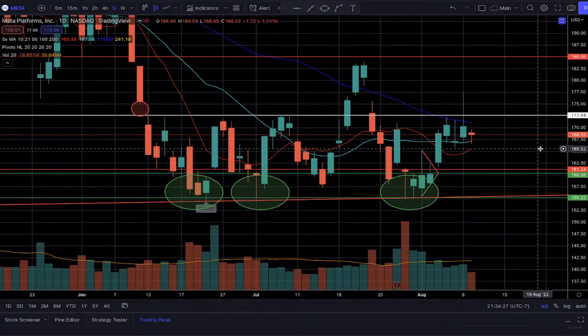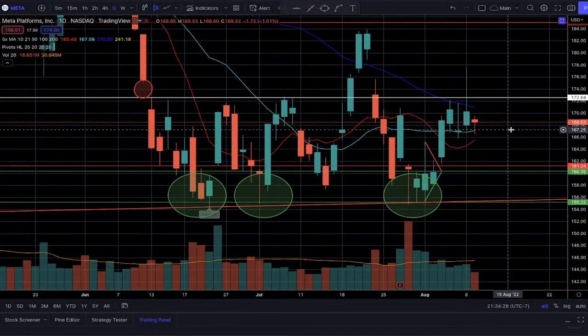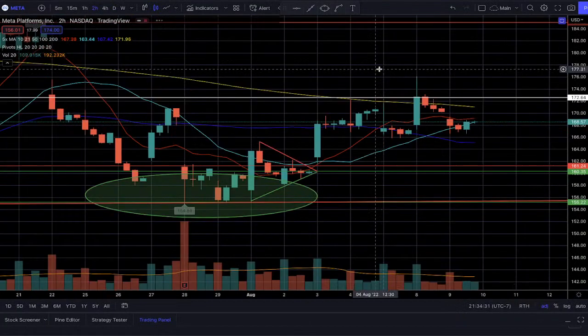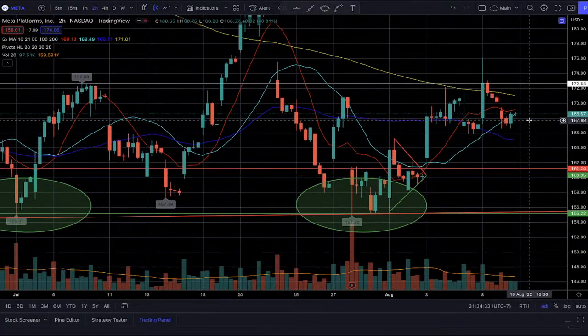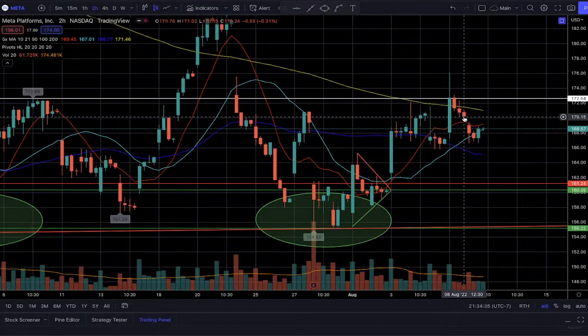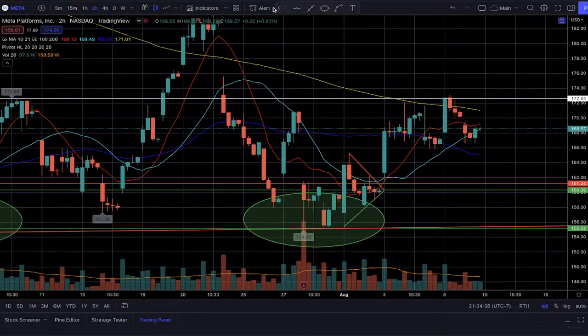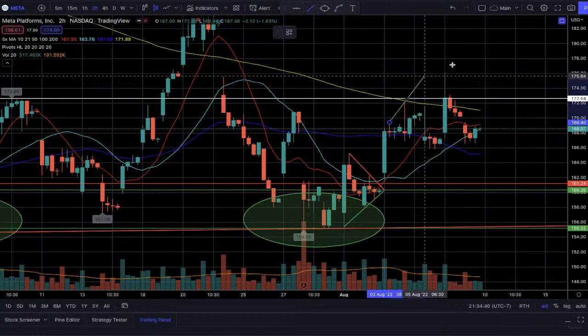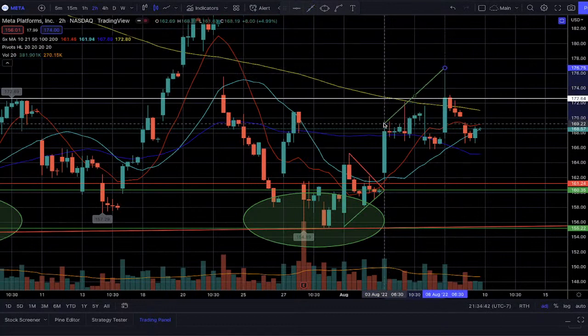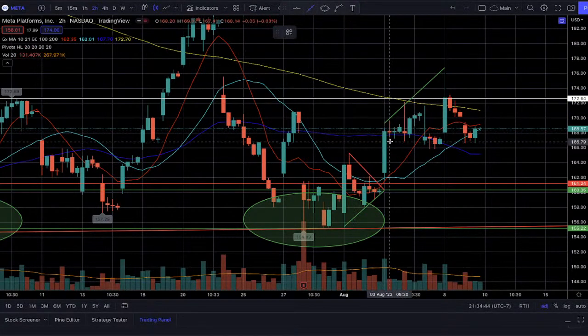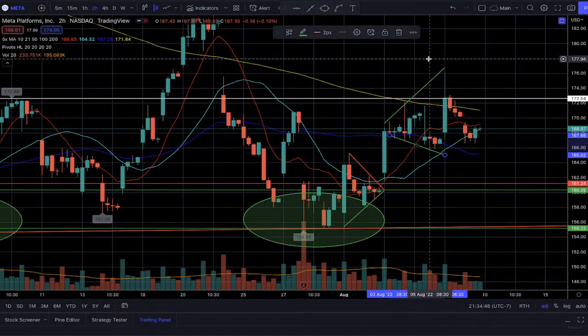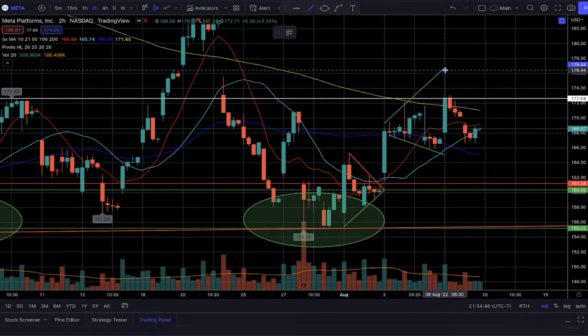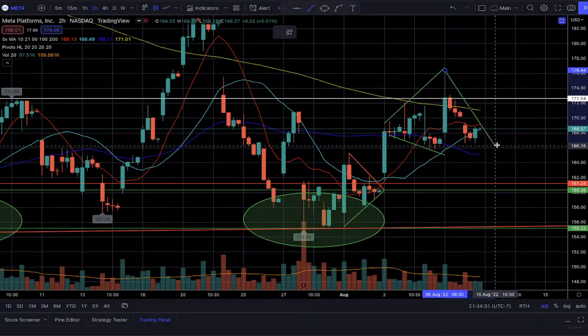So Meta here, so far, if you take a look at the 2-hour time frame, we're making our own little tiny base here, but the reason why I want you guys to look at the 2-hour time frame is we're starting to see a diamond top. I don't know if you guys remember this. And Joe, I know you should remember this.